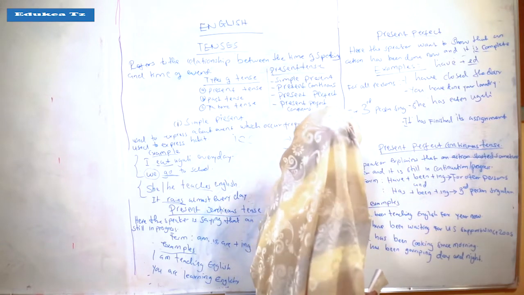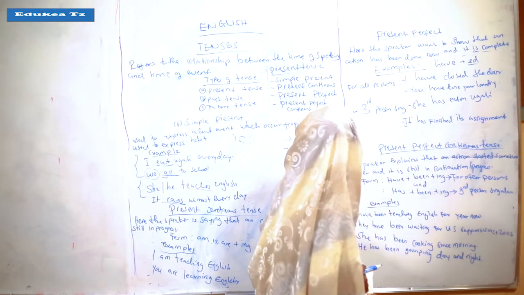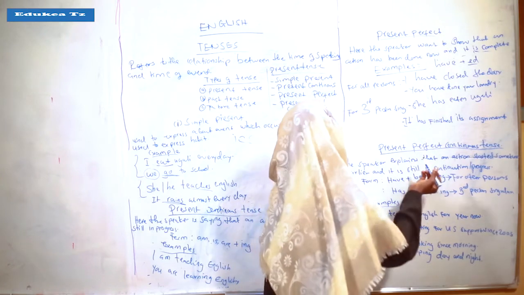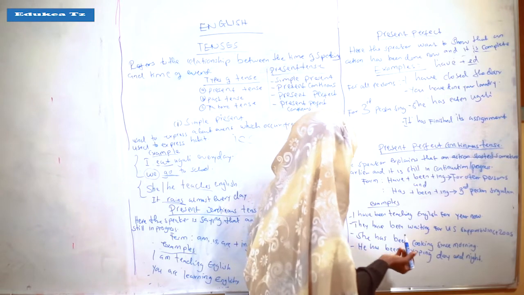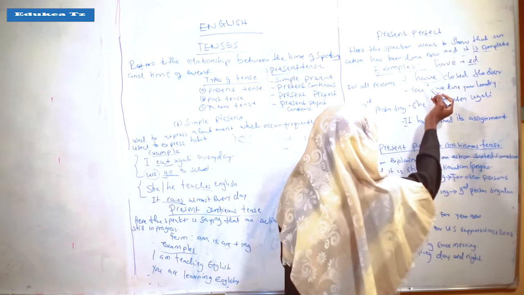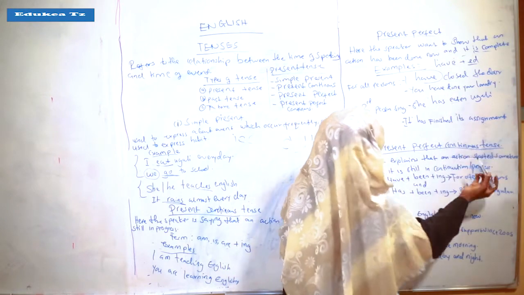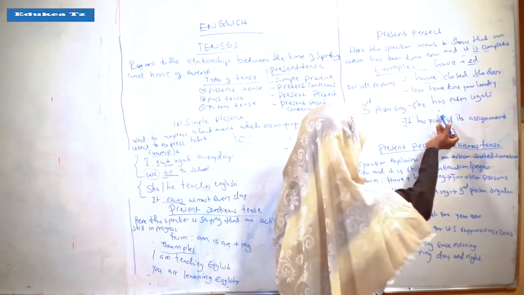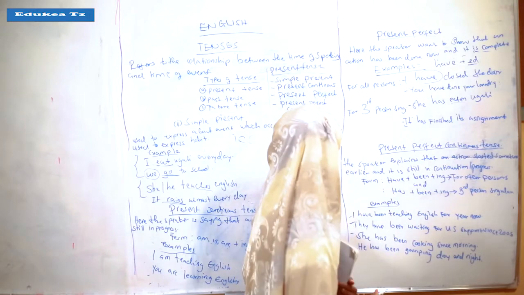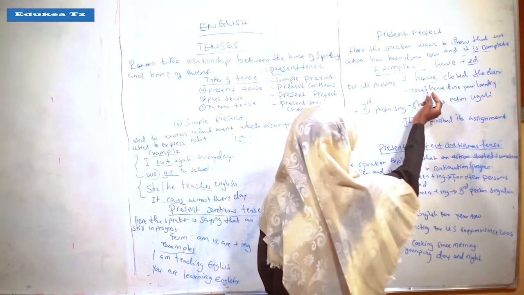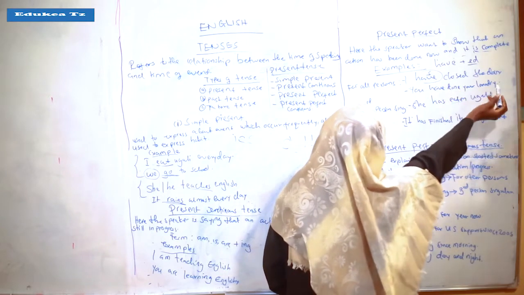But when we are talking about the third person singular, here something is quite different. The subject remains as it is, but have changes into has, and the verb is in the passive form. So, she has eaten ugali. For example, she has closed the door.